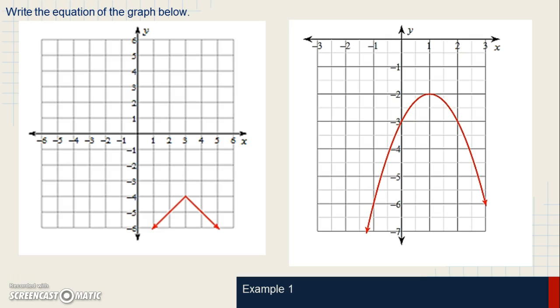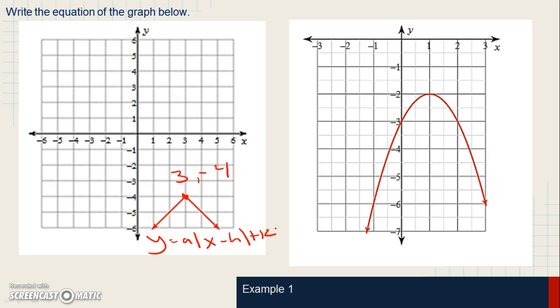So if you remember, the last thing we did was we wrote equations from absolute value functions, and you can see here that this looks like an absolute value function right here. And so what we did is we said, well, here's the vertex, and we're going to call that vertex 3, -4, and we'll write it using the equation y equals a absolute value of x minus h plus k.